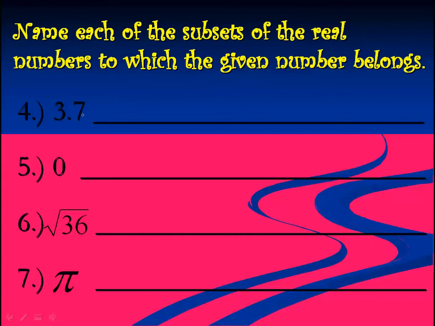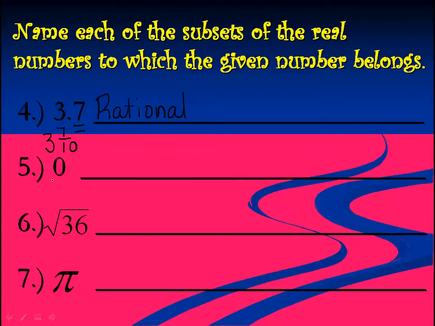Since 3.7 is a terminating decimal, it can be written as a fraction, making it a rational number. That is the same as 3 and 7/10. It is not a whole number, it's not an integer, it's not a natural number, so that's my only answer.